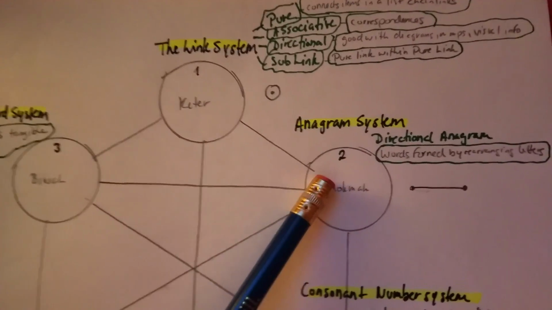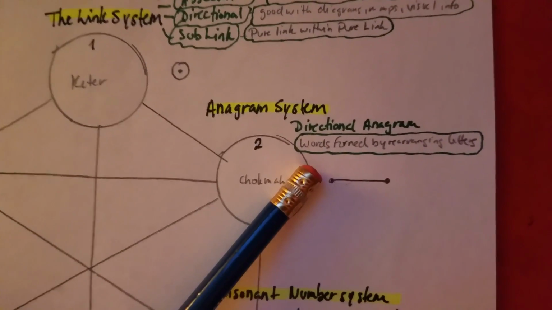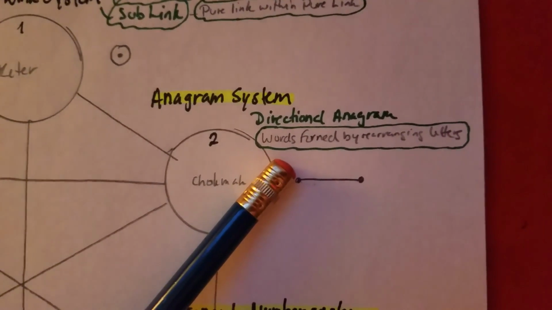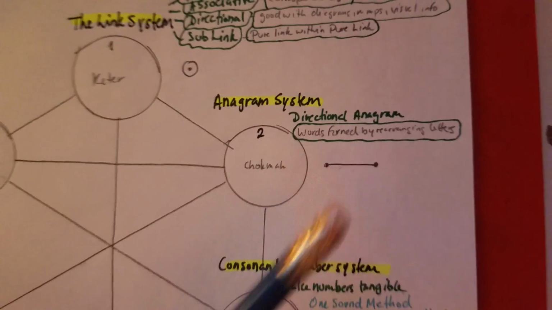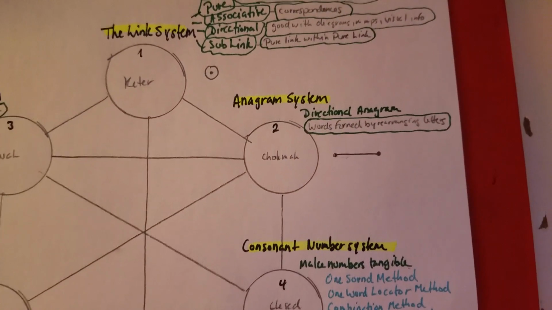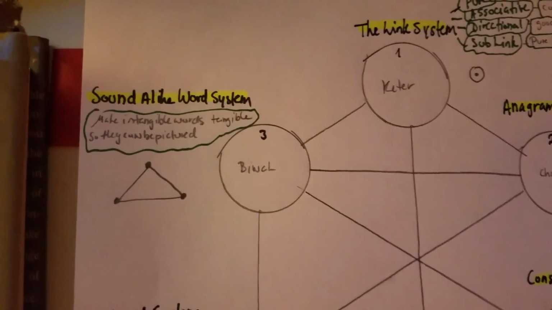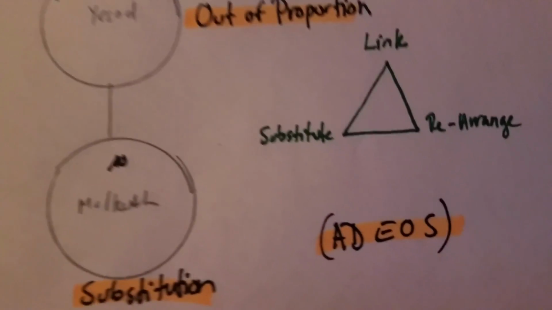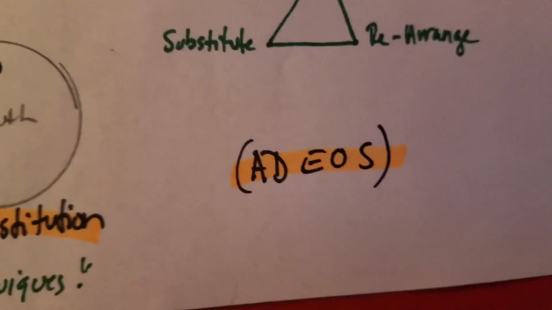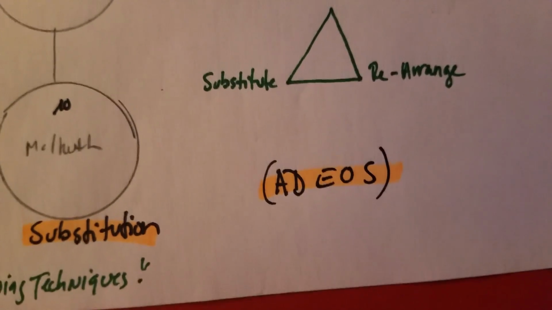Next, you have the anagram system, and you have something called directional anagrams, and these are words formed by rearranging the letters into something that you can remember a lot easier. For example, ADIOS. It's not spelled in the Spanish version, but it is pronounced adios. And what is ADIOS?